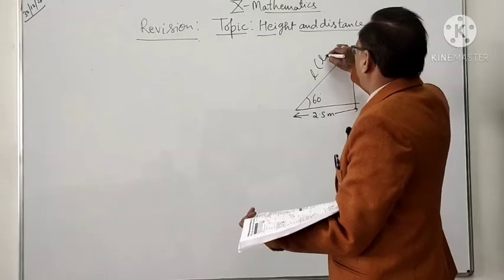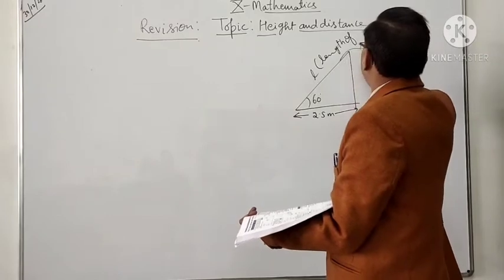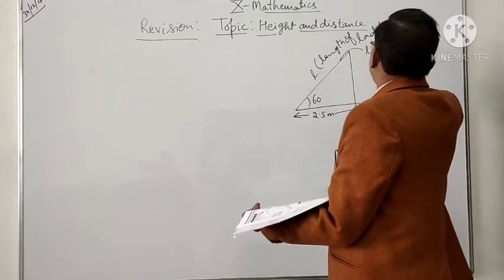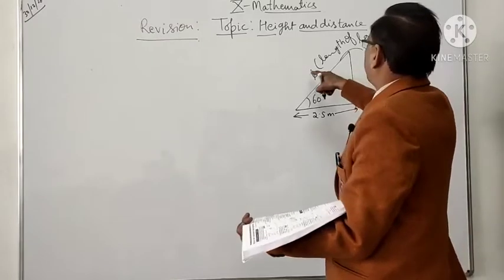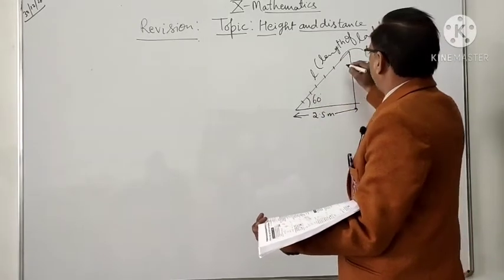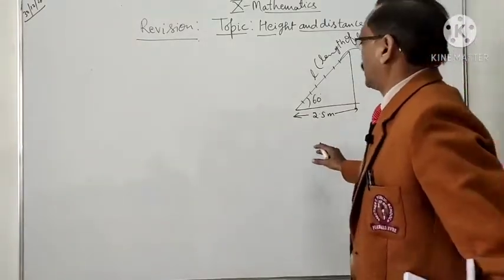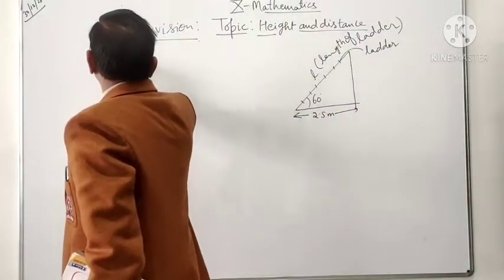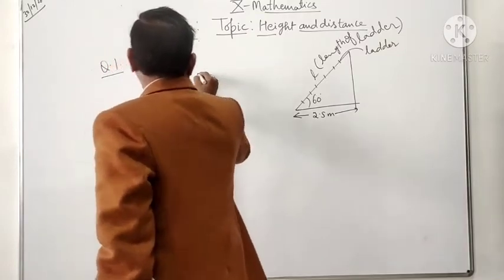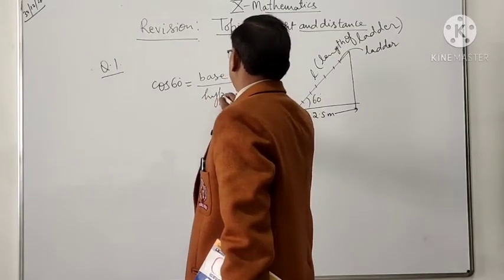Let L be the length of the ladder. This is the ladder. L is the length of the ladder. Then there is a trigonometrical ratio: cos 60 degree equals base upon hypotenuse.